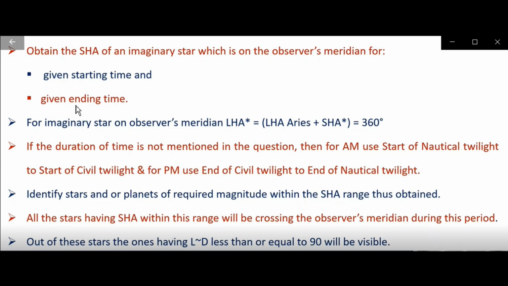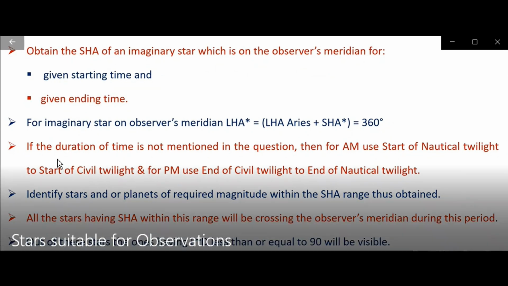Let us say एक SHA आपका आता है 170, दूसरा SHA आपका आता है 180. तो 170 वाला स्टार 1800 पे हमारे मेरिडियन पे है, 180 वाला स्टार 1900 पे हमारे मेरिडियन पे है. तो इसके बीच वाले जितने भी स्टार्स होंगे उन्होंने हमारे मेरिडियन को क्रॉस कर लिया है. दिस इज द बेसिक अप्रोच ऑफ द क्वेश्चन. सो दिस इज व्हाट वी आर गोइंग टू डू नाउ. इज दिस क्लियर अप टू हियर बेटा?